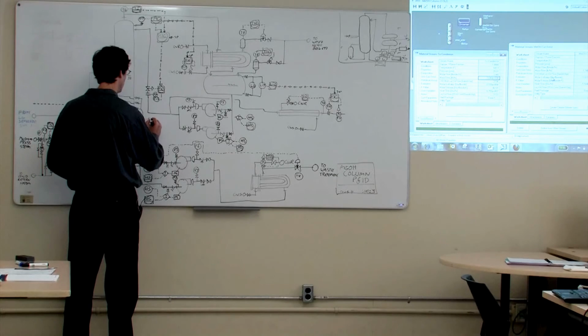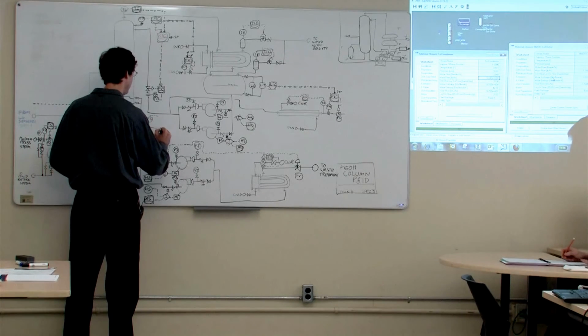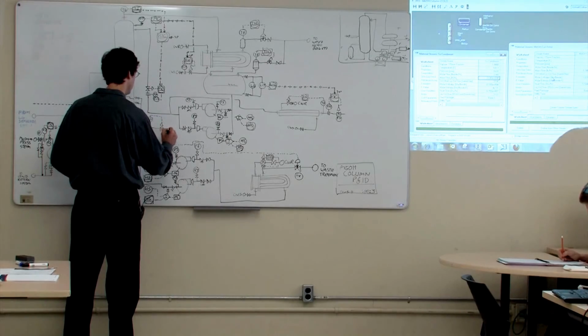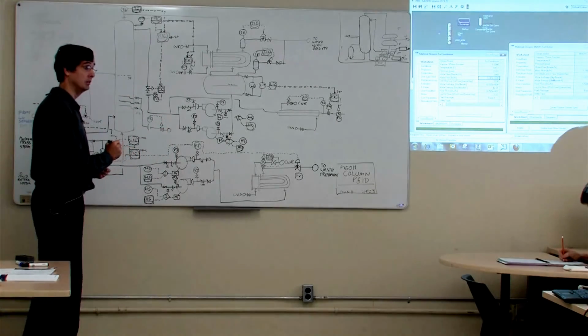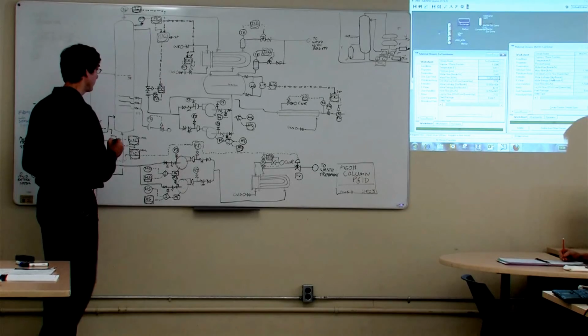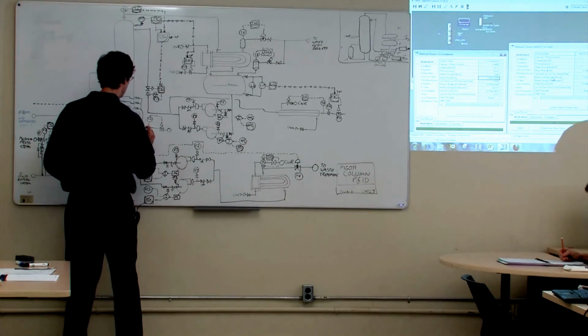So we'll just make that an FIT to an FV. So it's basically manual control. How do they know which one? Okay, so what I would do is I would put a sample valve in there.